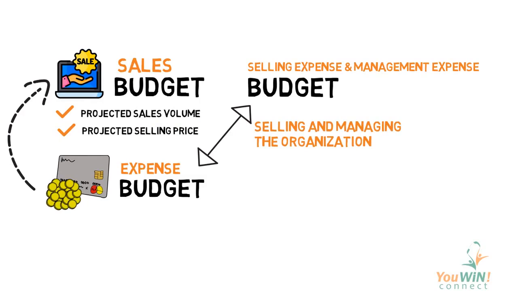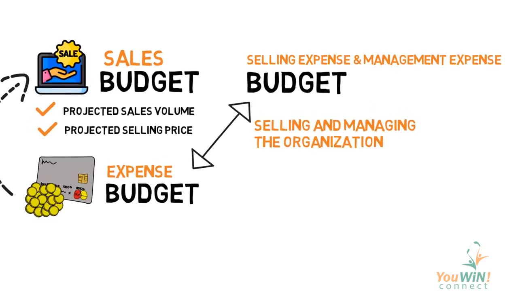Budgets of selling expense and management expense are often constructed after the sales budget is established and based on the projected sales volume. The costs included in the budgets of selling expenses and management expenses are often divided into variable cost and fixed cost.